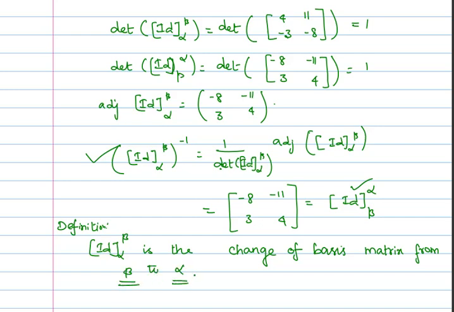So please be clear, the change of basis means it is beta to alpha only we are taking. The coordinate change means we are taking alpha to beta. Change of basis matrix means your input is alpha to beta, but you write it as beta to alpha. This is what we consider the definition of change of basis.